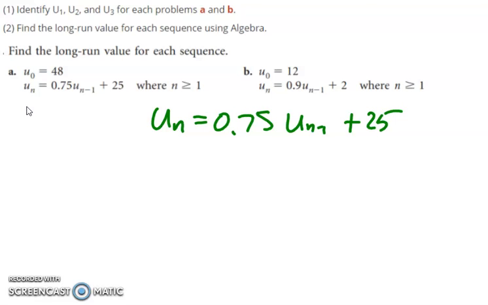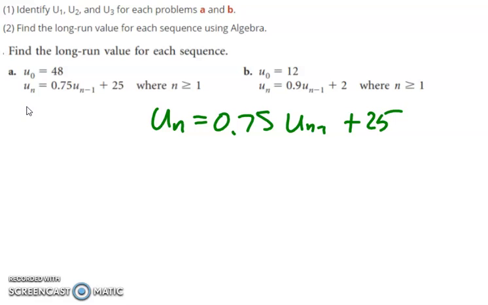But the answer of U of n minus 1 and U of n will never be the same answer, but we're going to treat it as though it is, so we can figure out what is the U of n, what is 0.75 U of n minus 1 plus 25 as that gets bigger and bigger in this case. What number is it approaching?